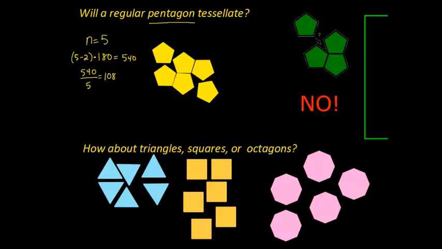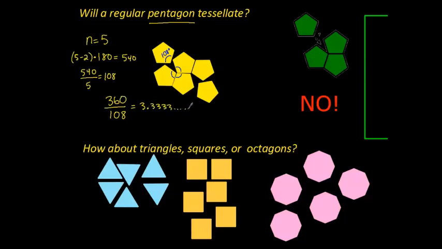So each one of these interior angles is 108 degrees. If I'm going to put them adjacent to each other in order to make a circle, I need it to be able to divide evenly into, how many degrees is a circle? 360. Does 360 divide evenly with 108 dividing into it? Well, let's grab our calculator and check it out. It does not.